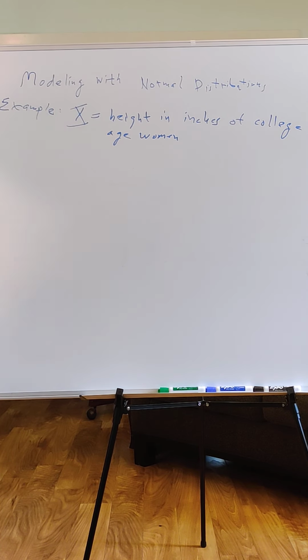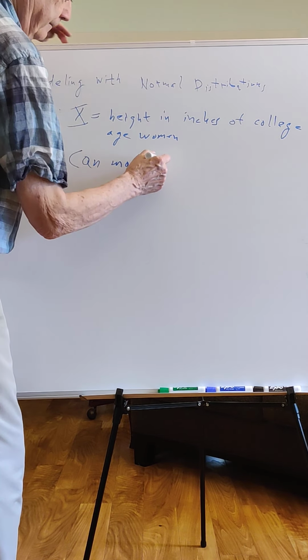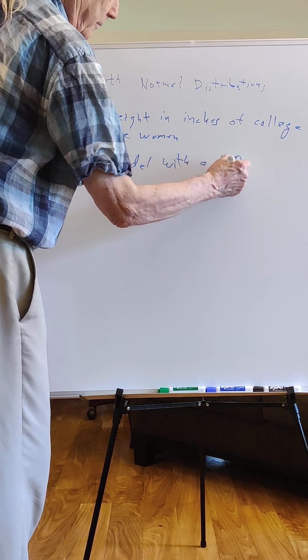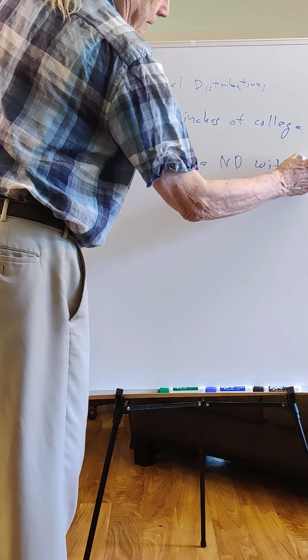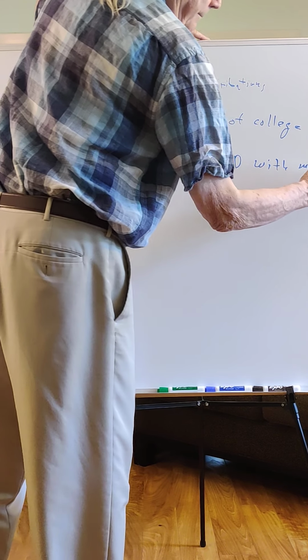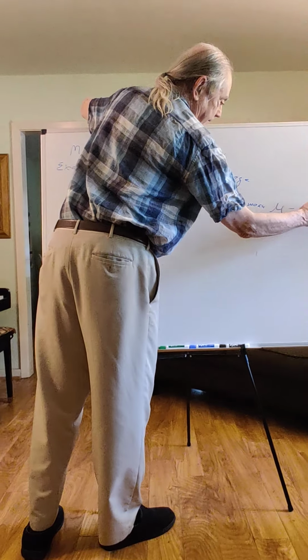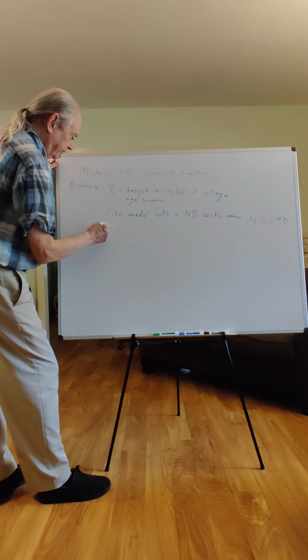In other words, it's approximately a normal distribution. I'm going to use the acronym ND for normal distribution, with mean 64.5. So that's 5 feet 4.5 inches, and standard deviation 2.5.